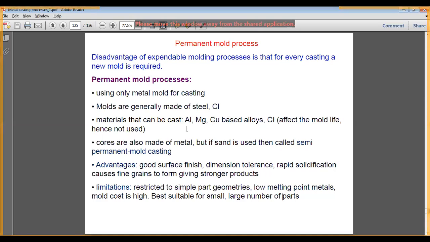So what materials can be cast? Aluminium can be cast by the permanent mold process. Magnesium can be cast by the permanent mold process.